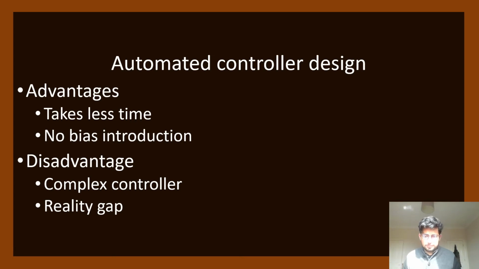For example, if your simulator is not accurate and the friction is not accurate to reality, it might exploit that, and it will create controllers that work very well with this different friction. But once you test it in hardware, this is not going to be the case. Again, reality gap. Always remember this.